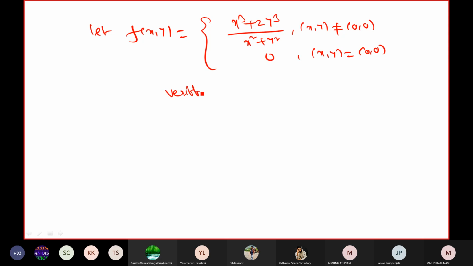Verify the differentiability at (x, y) equal to (0, 0).